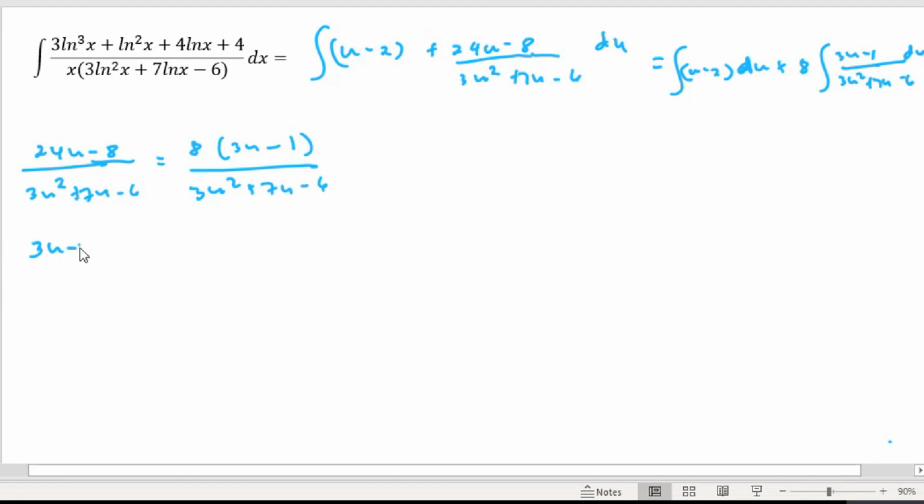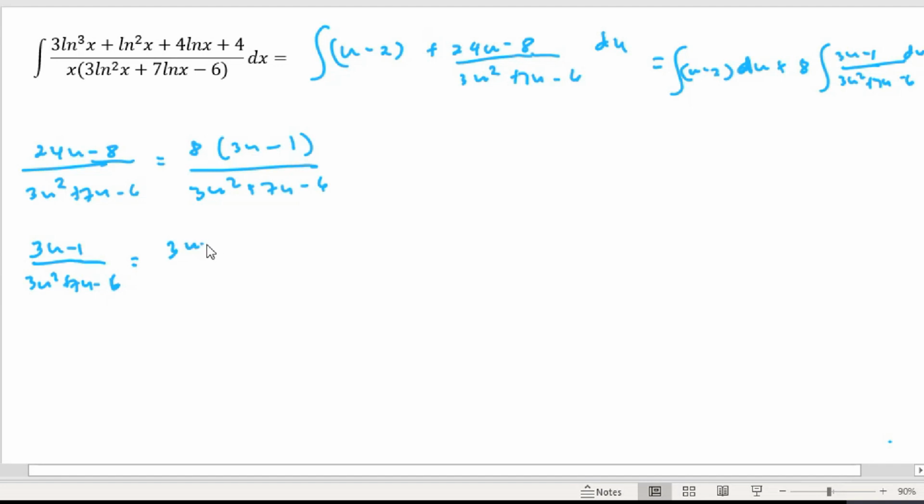We have 3u minus 1 over 3u squared plus 7u minus 6. I'm going to write the equivalent partial fraction of this, so I'm going to factor the denominator.